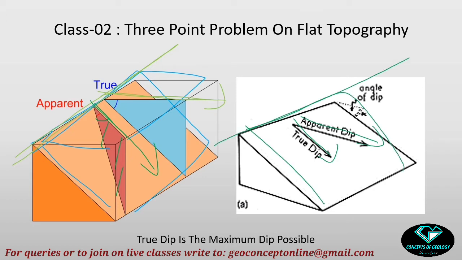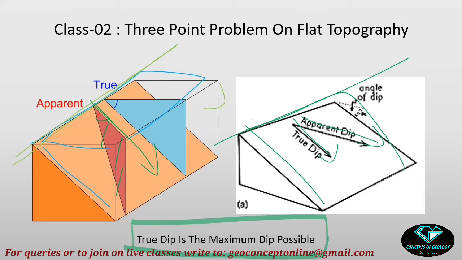Now very clearly, any kind of dip measurement is in a vertical plane and any kind of direction measurement is in a horizontal plane. True dip will always be the maximum dip possible in case of an inclined bed.